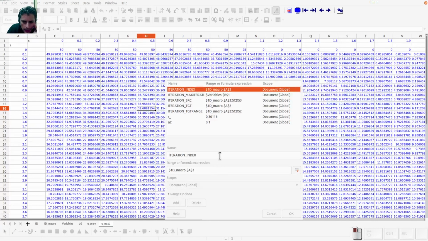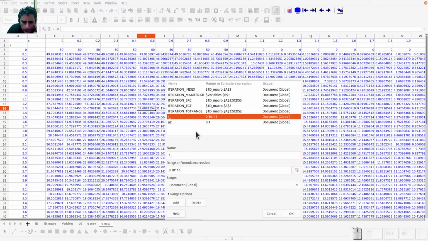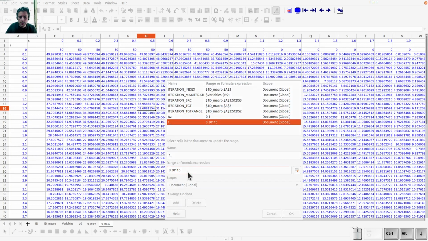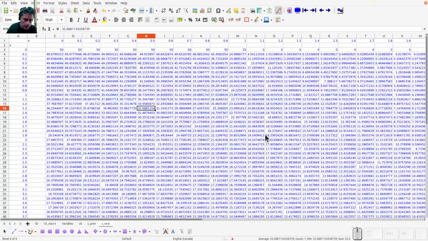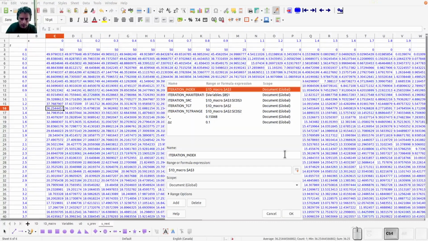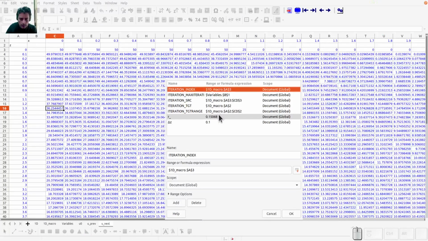So now we want to redefine R, and we said that it should be 0.15068. What was it before? I should have kept it.